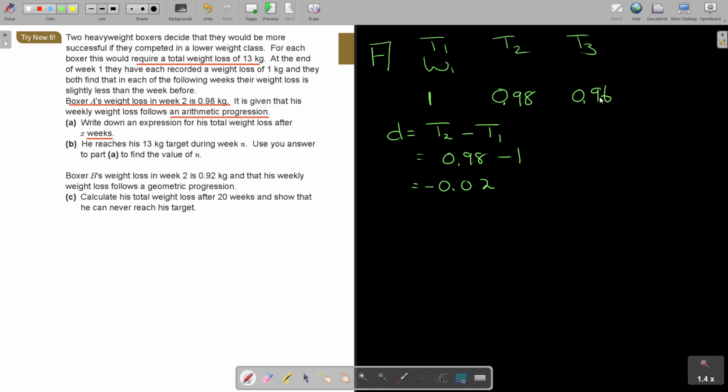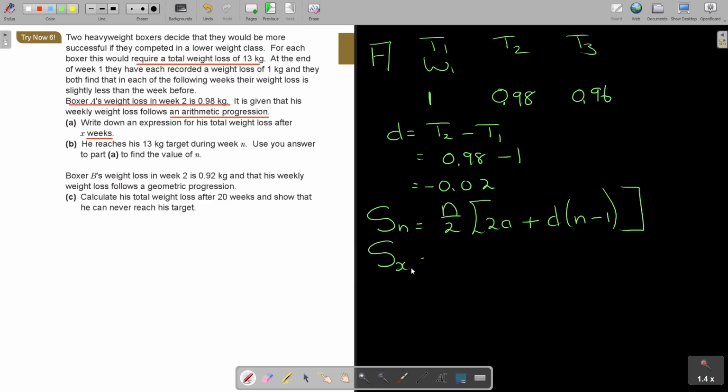Now I'm just going to find Sx. I like to write the formula down just to keep track, otherwise just look at your formula sheet. They said Sx, so it's x over 2, I have a, because a is 1, I have d, it's negative 0.02, and it's x minus 1.